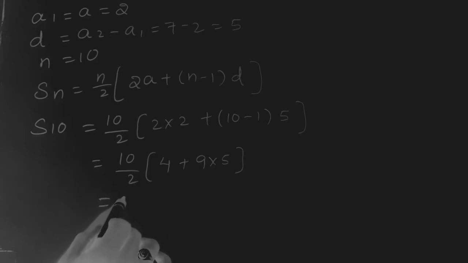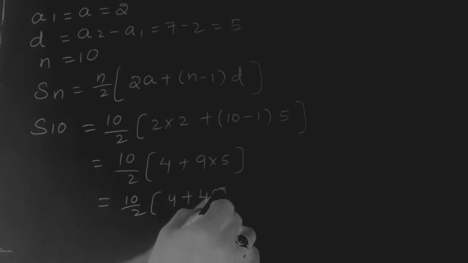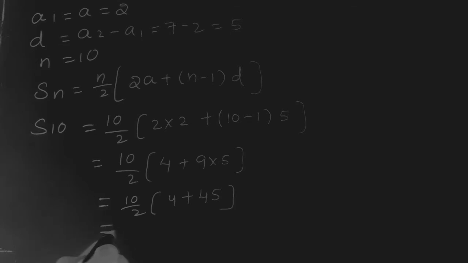So 10 by 2 as it is, this is 4, and 9 fives are how much? 45. So 5 into 4 plus 45 is 49.